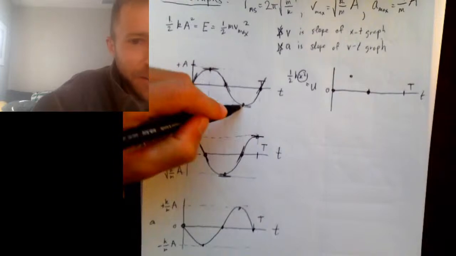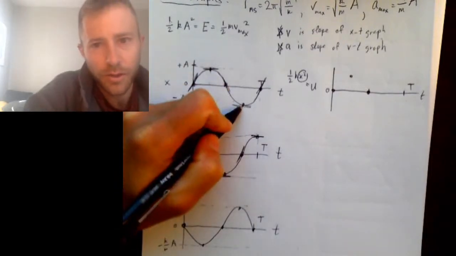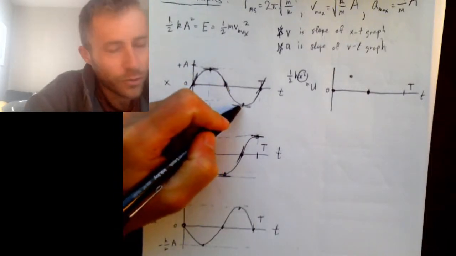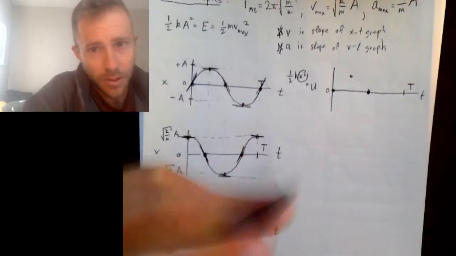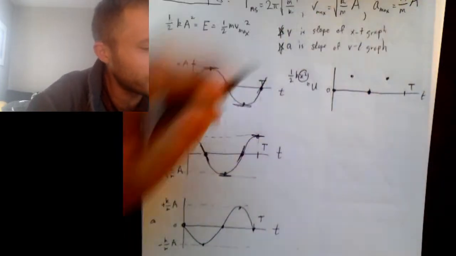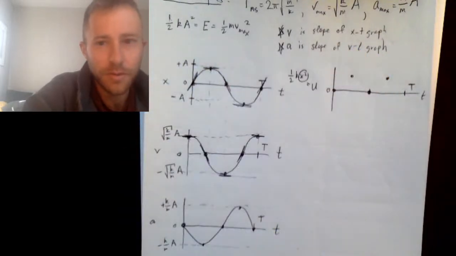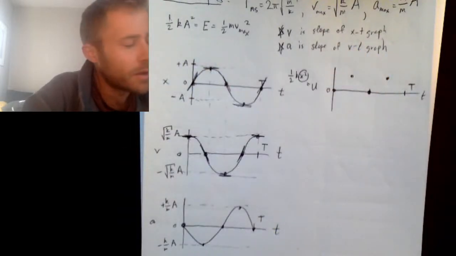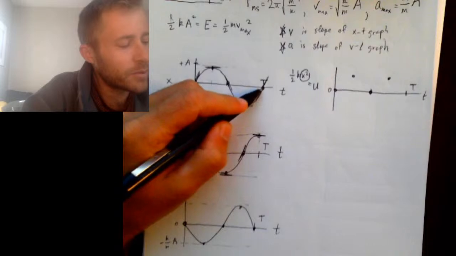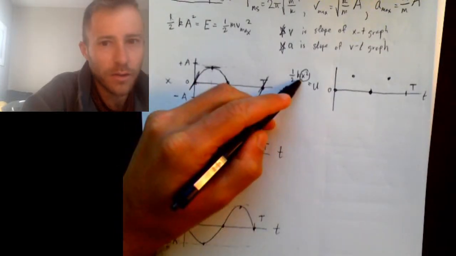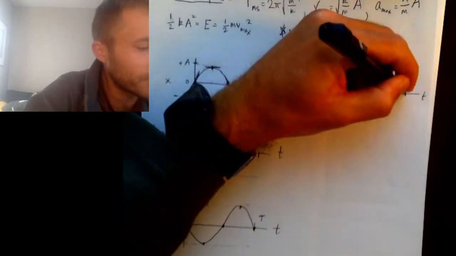Here I have a negative value, so here's where you can get mixed up. When you square a negative value, it becomes positive. So my potential energy at that time is going to be positive, even though the position is negative. So I marked a positive point at that time. And then lastly, I have a position of 0, so when I square 0, I will get 0.